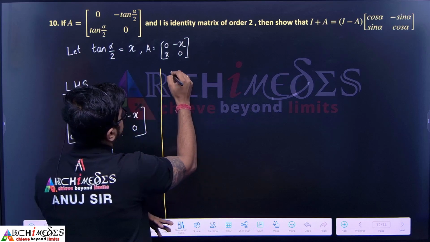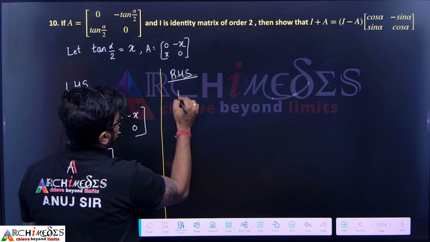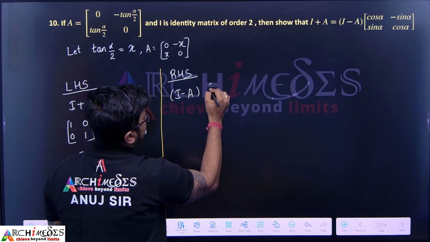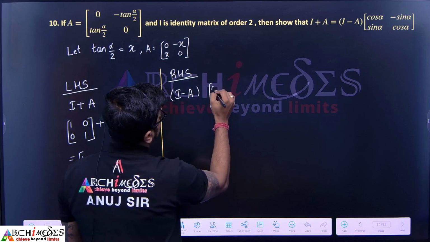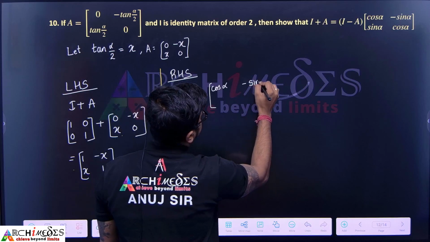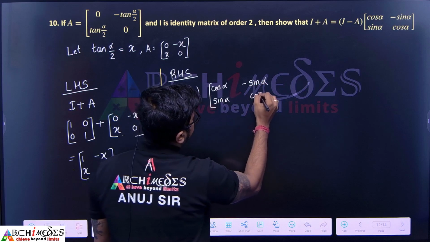Now RHS. In RHS, listen carefully: I minus A, where A is the matrix cos alpha, minus sin alpha, sin alpha, cos alpha.